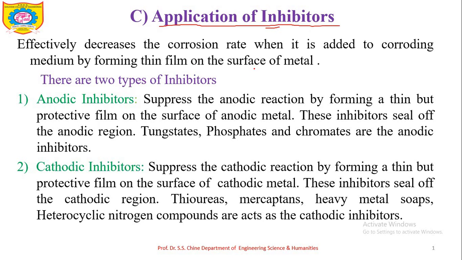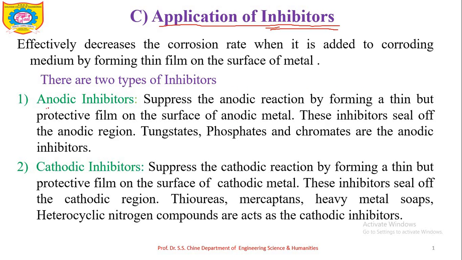There is formation of one anode, another is cathode, and electrolyte is there. So at anode there is oxidation, at cathode there is a reduction. So we have to use the inhibitors which suppress the rate of anodic reaction and cathodic reaction, so that the corrosion rate will decrease and we can control the corrosion.